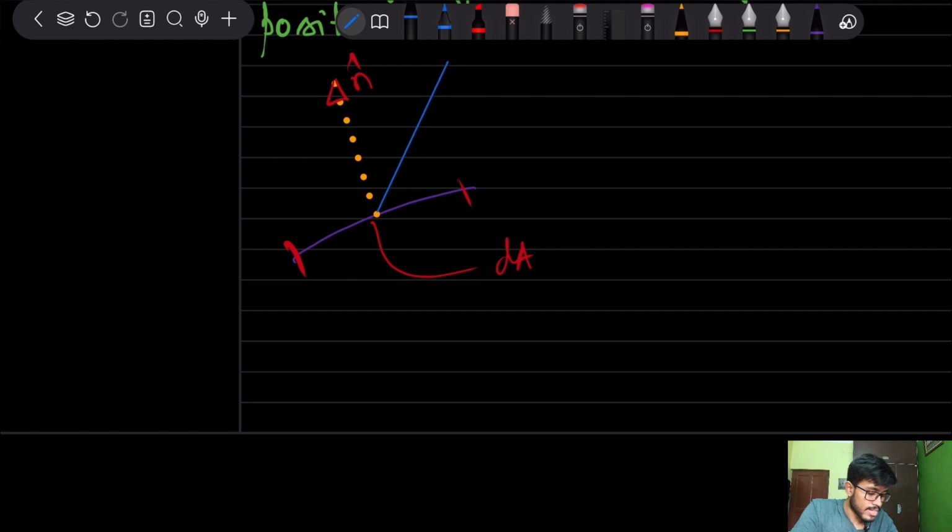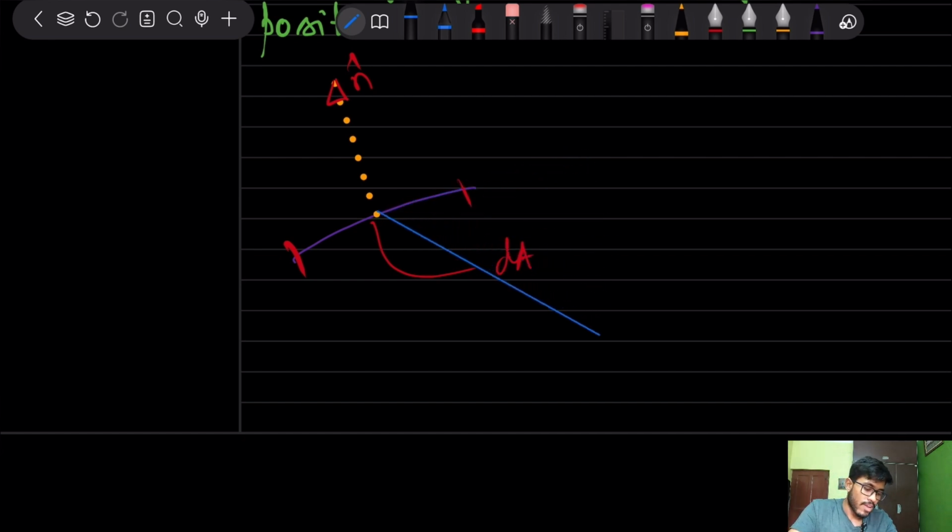In this situation, the angle between the heat flux vector and the unit normal is less than 90, and the heat flux vector is going out from the surface. Now if I rotate my heat flux vector in a clockwise manner, at this situation it is tangent to the surface. So the dot product with the normal n cap is 0, and no heat flux is passing through this surface dA.